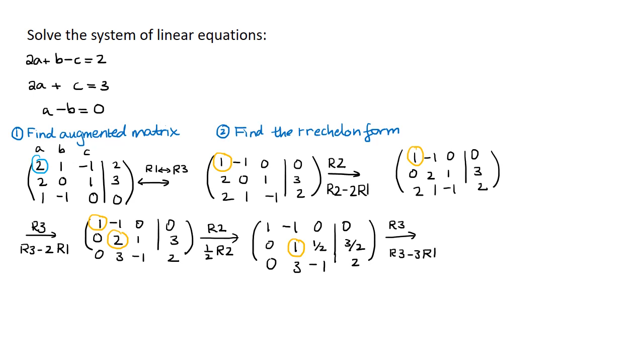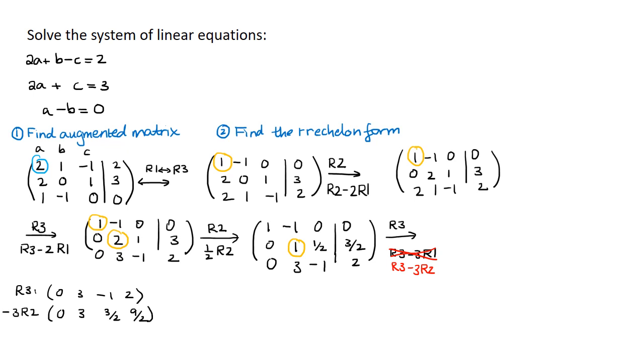Because we have fractions involved, let's do this one on the side. I misspoke, and it should have been row 3 minus 3 row 2. So let's do this on the side. Row 3 is 0, 3, -1, 2, and 3 times row 2 is 0, 3, 3/2, 9/2.